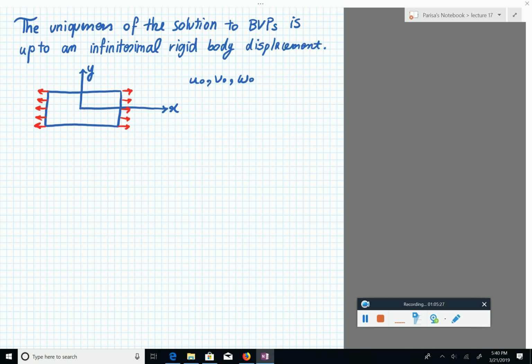So to determine basically the constants we need fixity conditions.